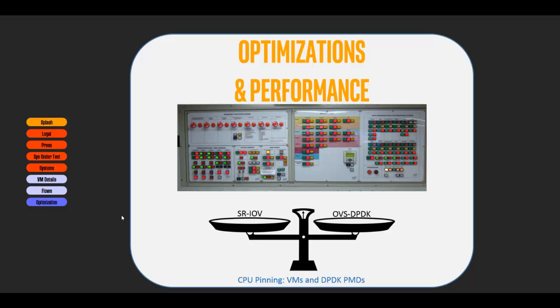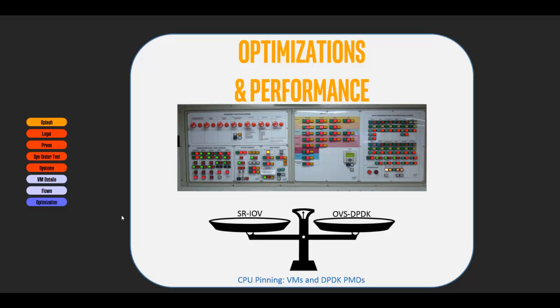What we found, though, is that for the large number of VMs we're using, which is 9, if we did an enhancement to, say, the configuration for OVS-DPDK, a lot of times that would result in a degradation of performance for SR-IOV, or vice versa. So we didn't do a whole lot of optimizations, except that we did CPU pinning for each one of the virtual machines, and for the DPDK poll mode drivers in OVS-DPDK. So it's kind of like the baseline optimization. We didn't do a lot else.